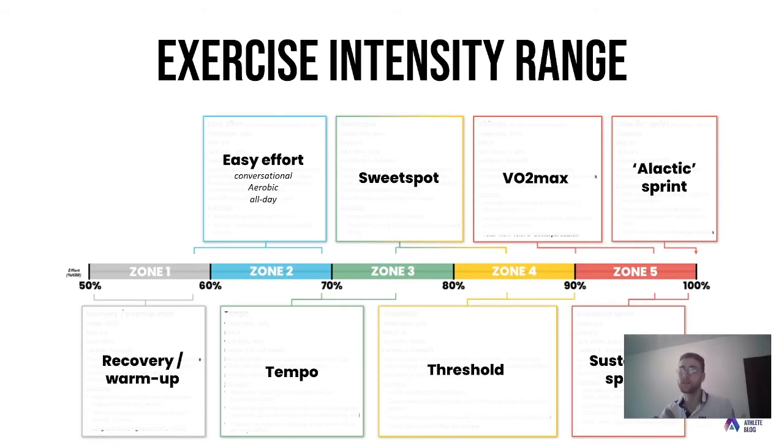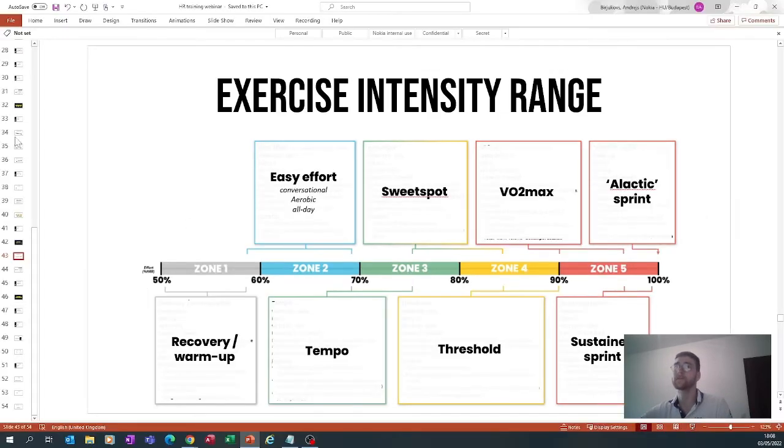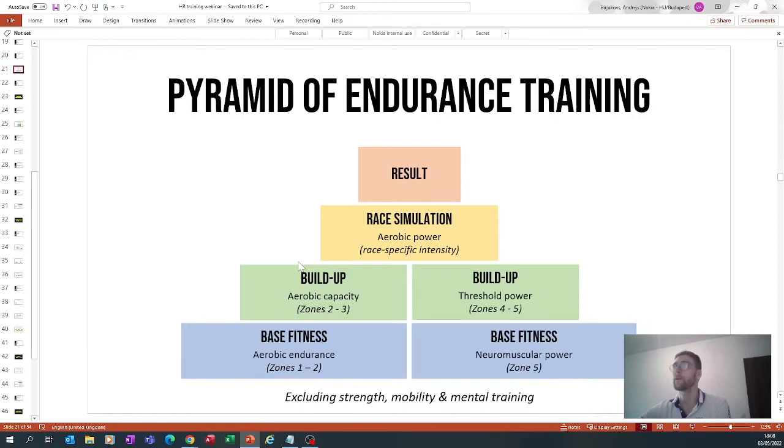Next, as we discussed, where was that beautiful picture that I made here? As I start my training process, for example for the year ahead, I need to build base fitness. So I need to do a lot of zone 1, zone 2 training, and at the same time I need to do some neuromuscular power.